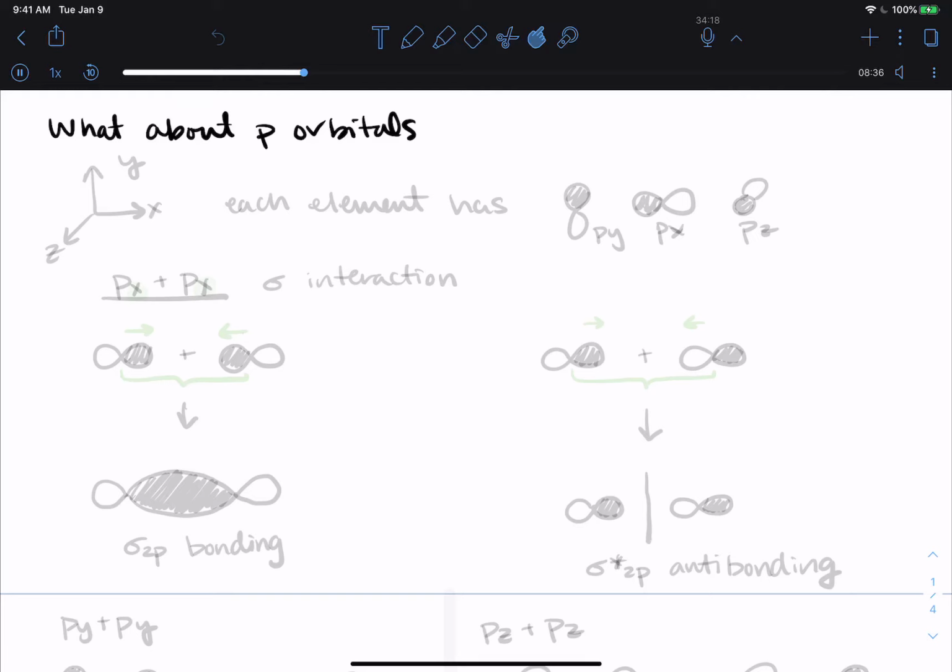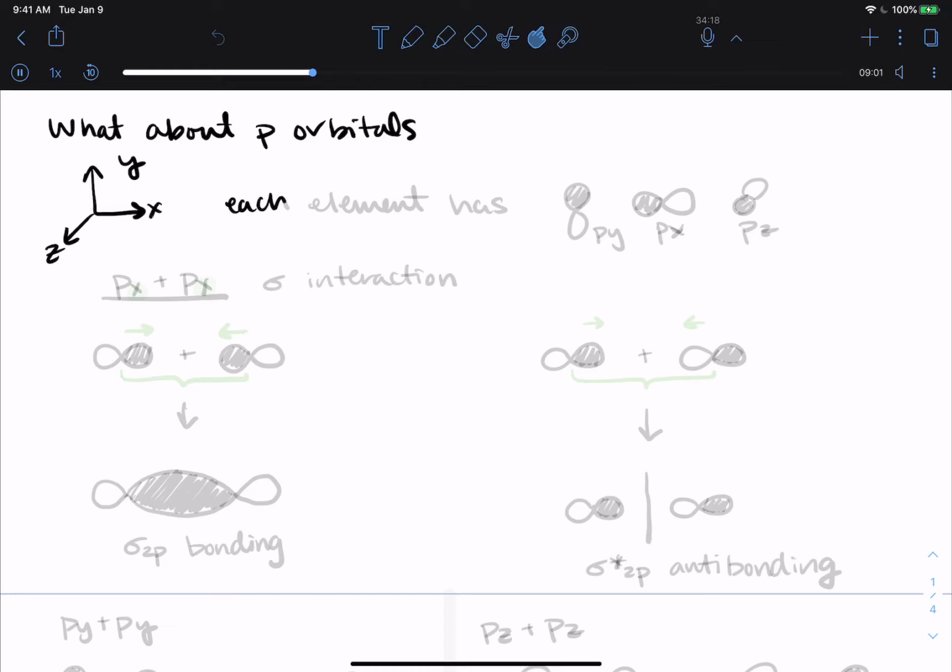So the pictures that we get will depend on how they're oriented in space. So we need an axis system. We very conveniently have an axis system that we are used to using. So each element has px, py, pz, and we're just overlapping the orbitals of the same type.